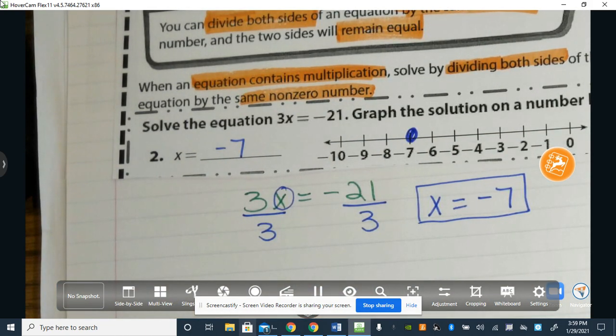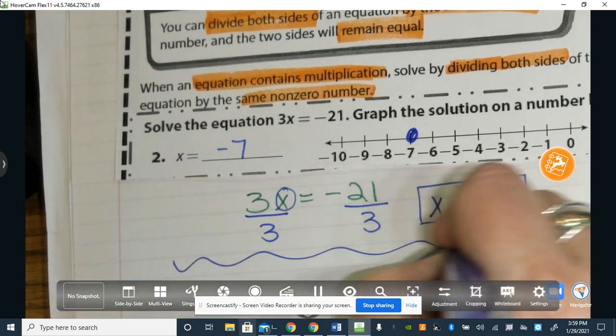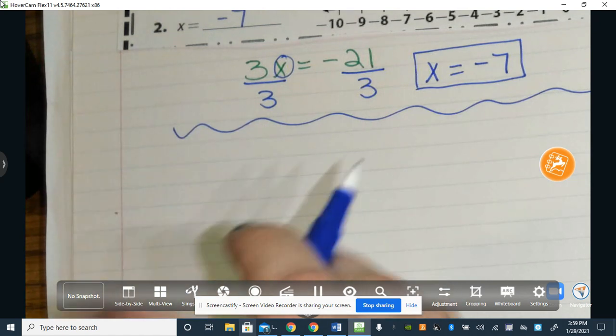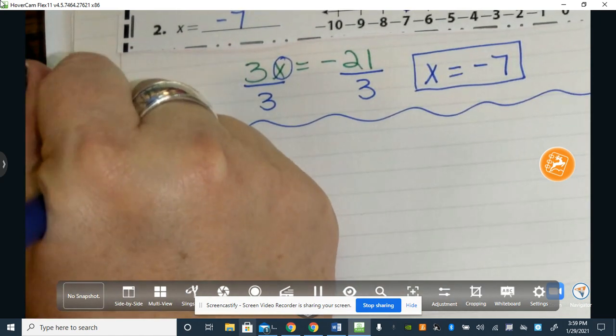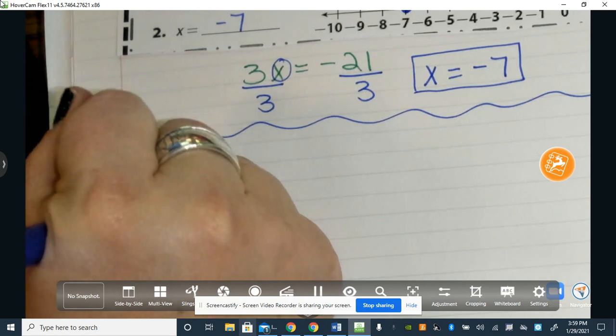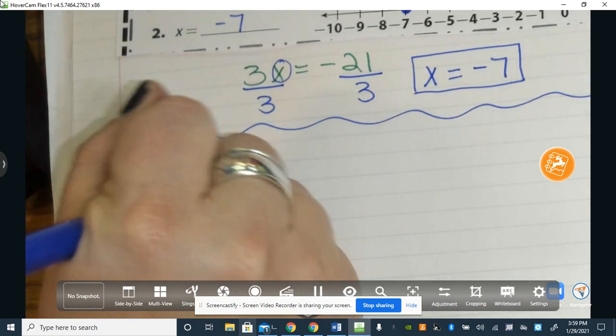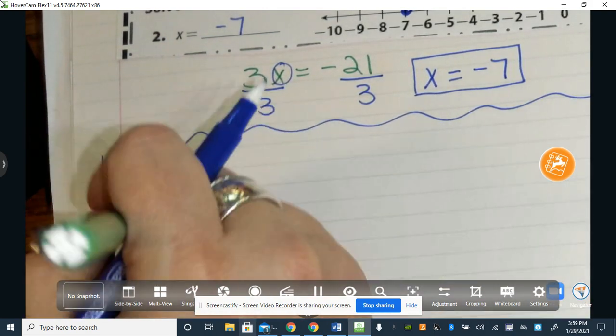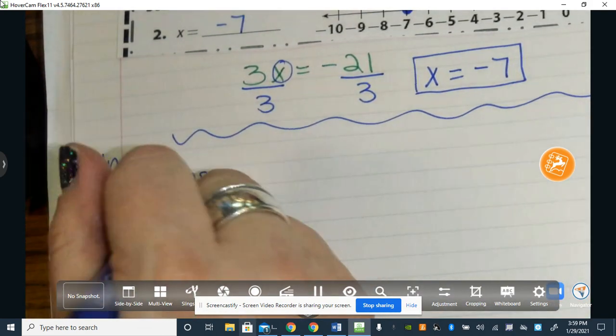Basically, what we've been doing here is the inverse operation. I think we talked about this a little in class. Remember, this is the opposites. The opposite of addition is subtraction.